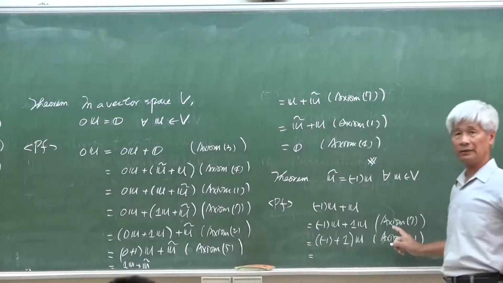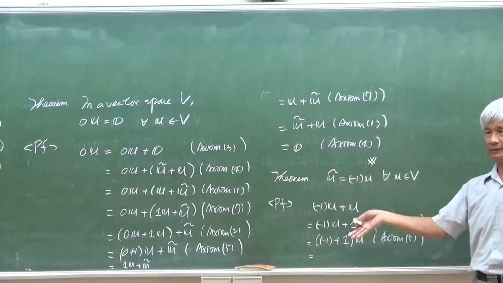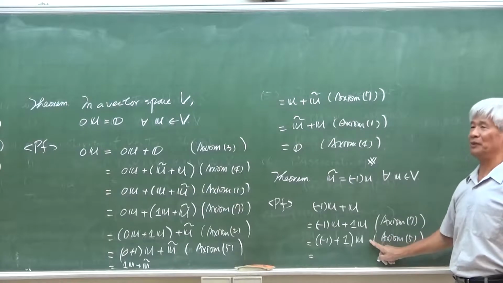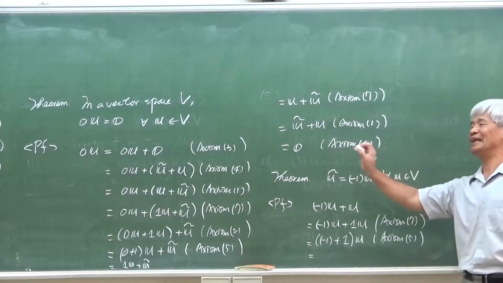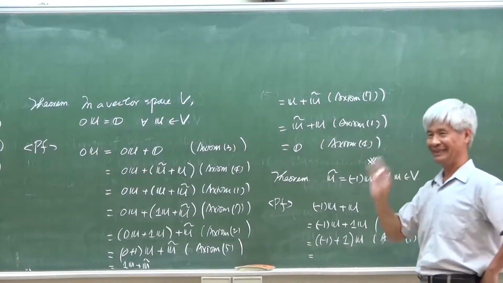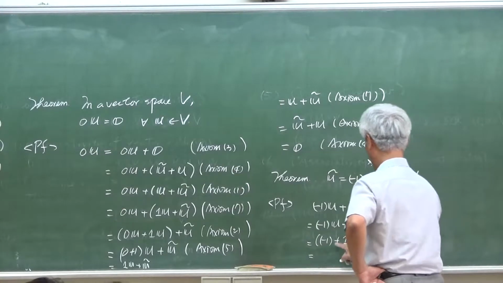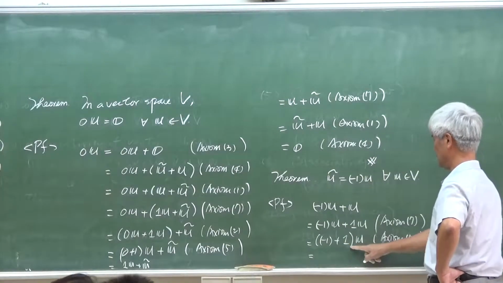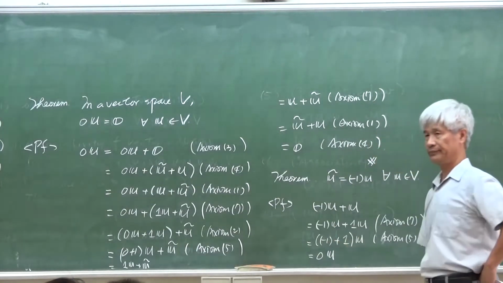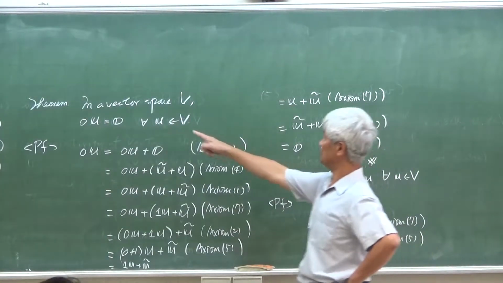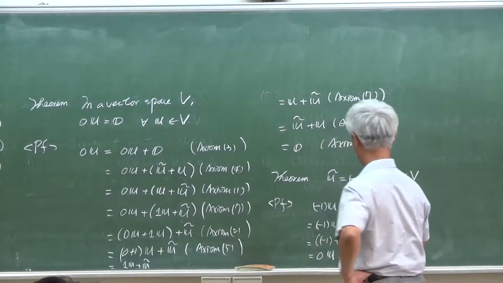Later on, I will forget 1, 2, 3, 4, 5 because I may not remember tomorrow. But I will know that this is the distributive law. I will say, oh, by distributive law, but it's too lengthy, right? At the moment, axiom numbers are much shorter. So axiom 5 is the distributive law here, but the addition is 0u. Okay, it's 0. And we just proved 0u is 0. So this is 0.